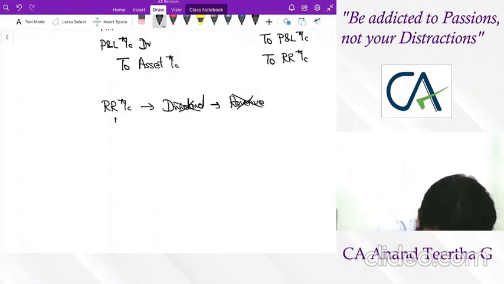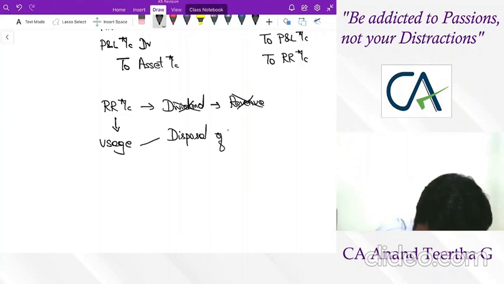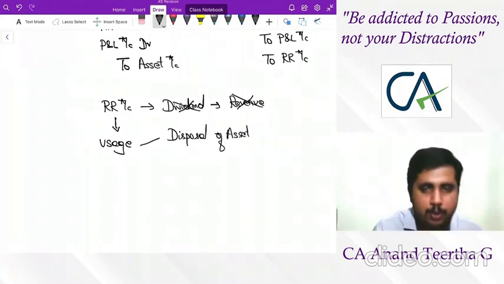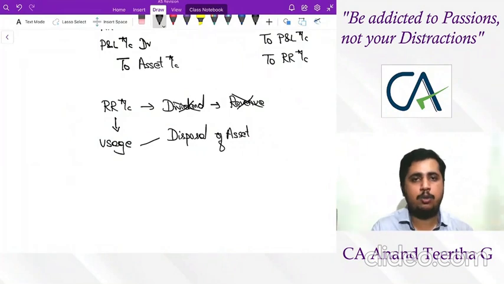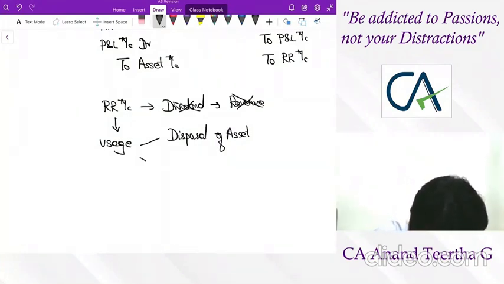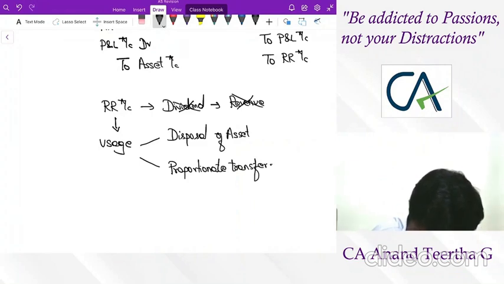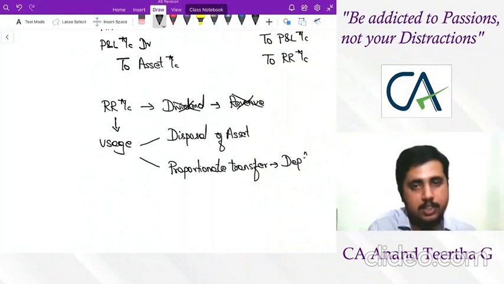Then how can the RR account be used? Usage of RR account can be done when the asset is disposed. If the asset is disposed, at that time you can transfer the balance of RR account to P&L account. It's allowed to be done. But till then RR account will remain stagnant, or you can go with proportionate transfer according to depreciation charged on the asset.